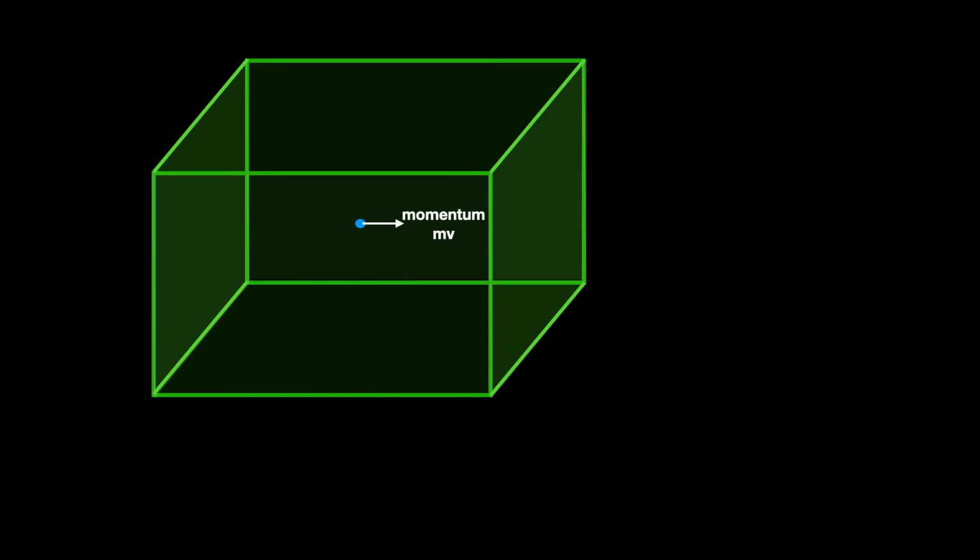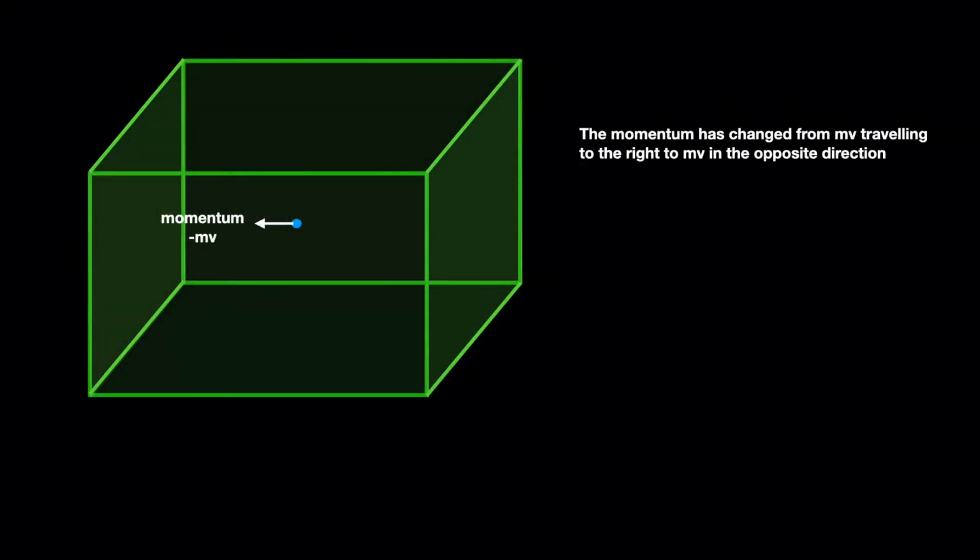In doing that, it rebounds from the opposite pair of faces at the end of the box. In the initial direction, it has a momentum mv, where m is the mass of the molecule and v is its velocity. On rebounding from the box, the momentum reverses because the velocity reverses. So it has a new momentum mv, but in the opposite direction, so we have to call that minus mv.